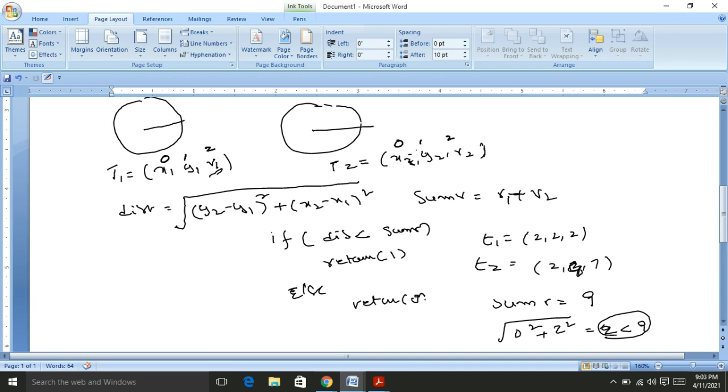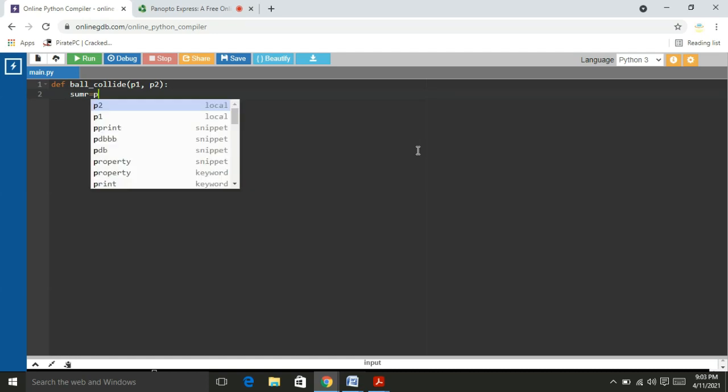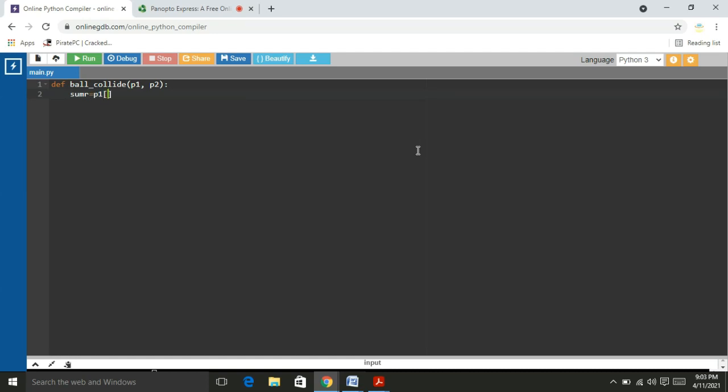So for that reason I am going to use P1 of 2 plus P2 of 2. This is the sum of r.